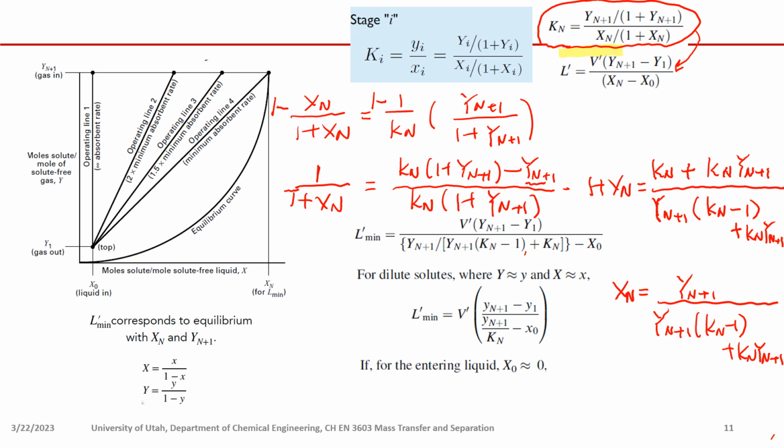Okay, so then I think we have this one now, right? Because basically you just replace xn equals this whole term, yn plus 1 divided by this whole term. Okay, now we have it. Okay, good.